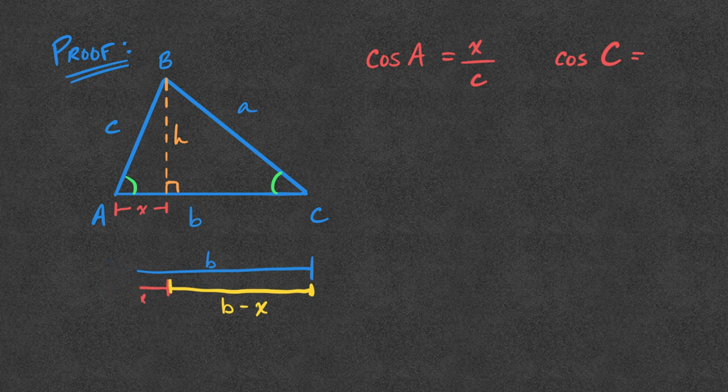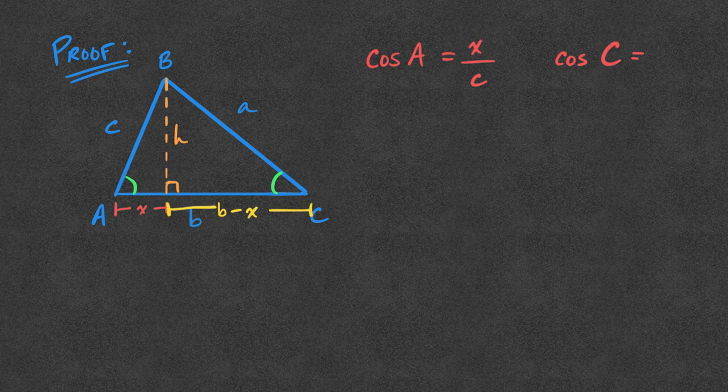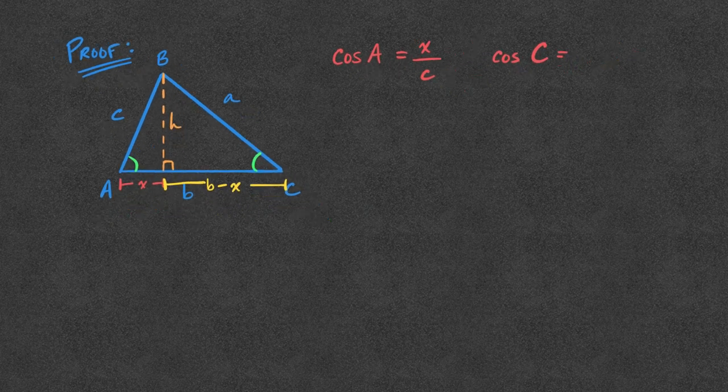I like that. So up on my triangle, I'm going to call this the total minus the part we know. And there we go. Okay, if I jump back up into my cos C equation, then I know cos C is going to equal B minus X, my adjacent, over my hypotenuse.